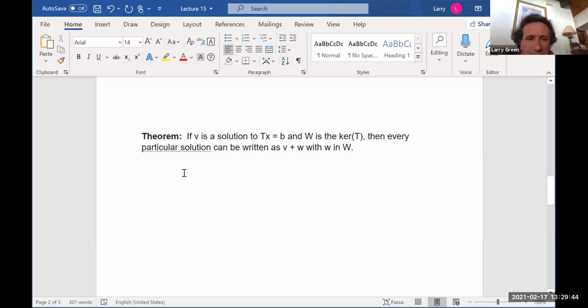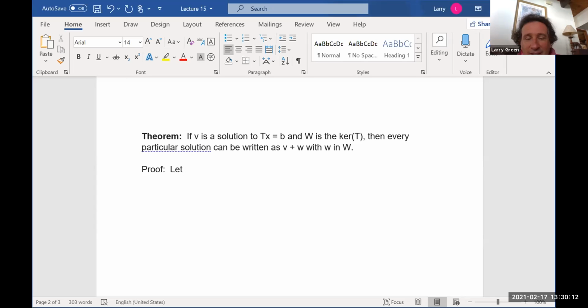Any questions? Okay, let's prove this. It's not that hard to prove, and it's important. And if I don't prove anything, then it's not fair because I make you prove things. Sound reasonable? So I better prove some of these theorems. So let's do a proof. We basically start with what's given. Let V be a solution. And what does it mean for V to be a solution?